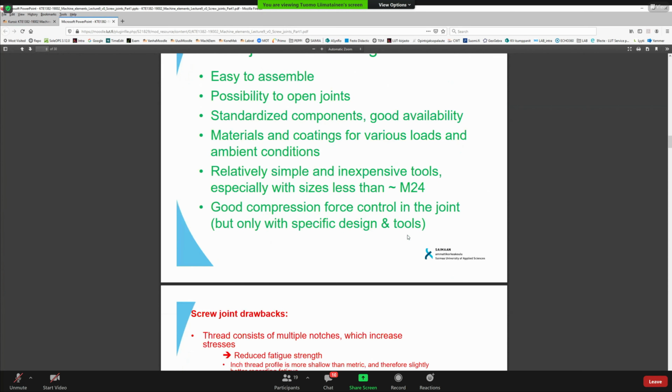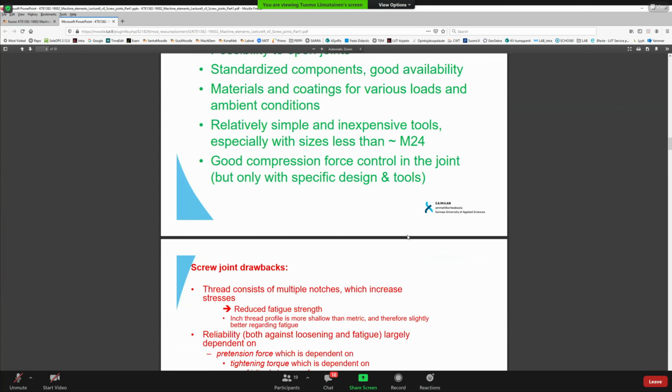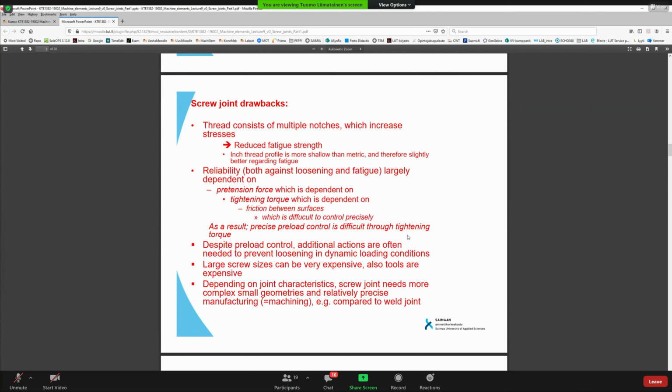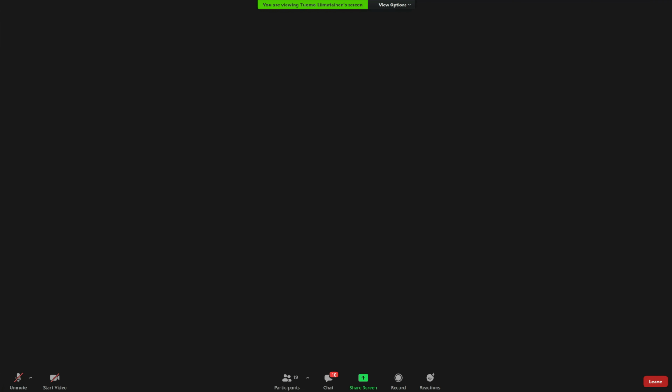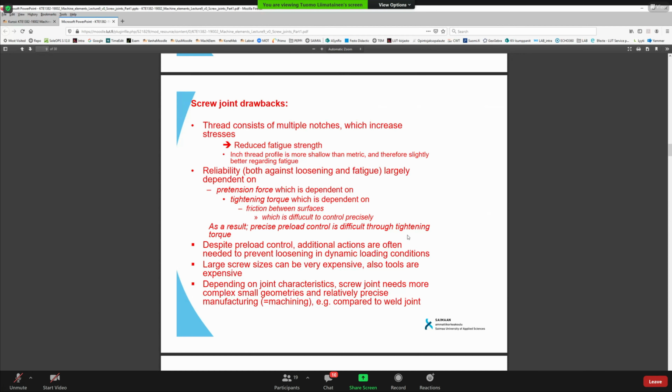The drawback of the screw joint is that the thread itself consists of multiple notches. And of course, as you know now, these notches will increase the stress in the structure, and therefore will eventually reduce the fatigue strength. In this regard, the inch thread profile is slightly more shallow than metric, which means that the inch thread profile is slightly better regarding fatigue.